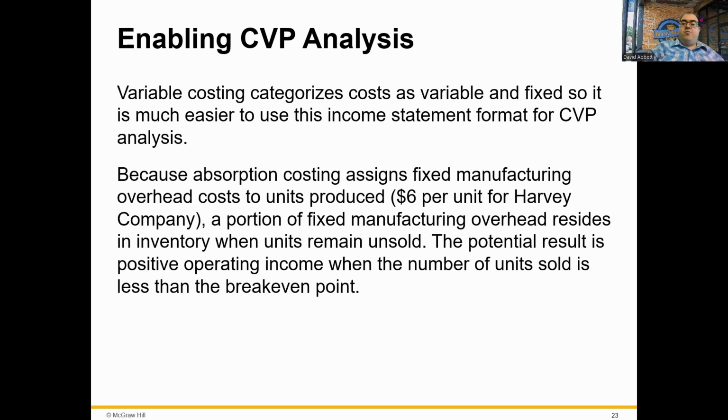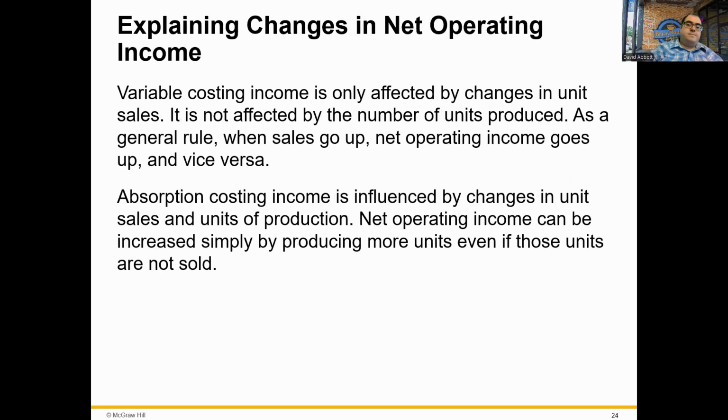And that is because a portion of the fixed manufacturing overhead cost resides with inventory when units remain unsold. So that's how, with absorption costing, even when they haven't reached the break-even point, they still could have positive operating income, just because of the timing of when things are being recorded.